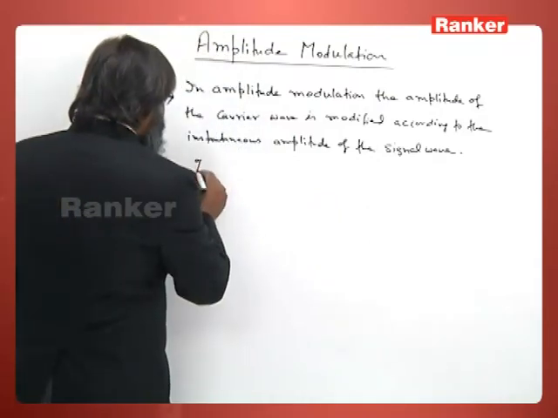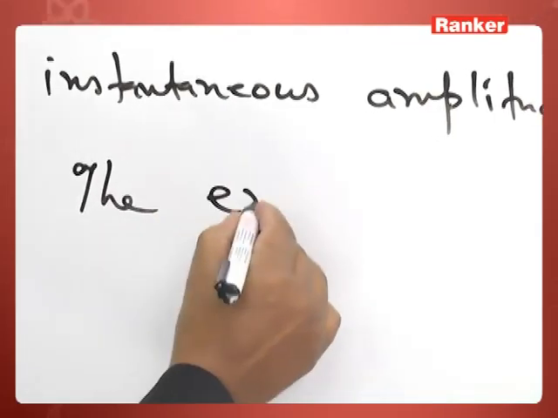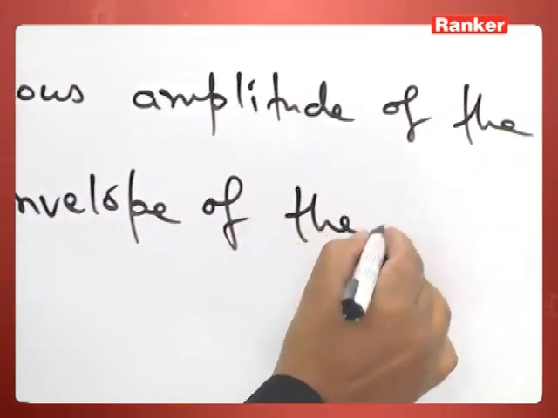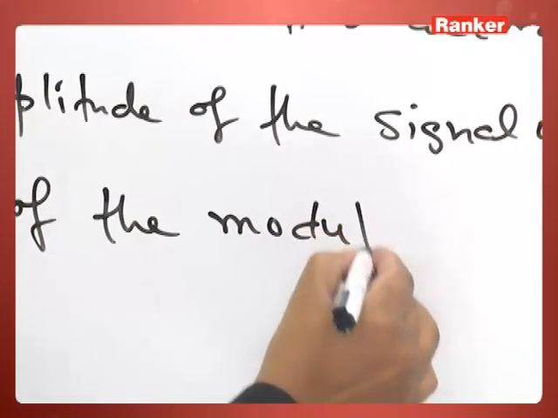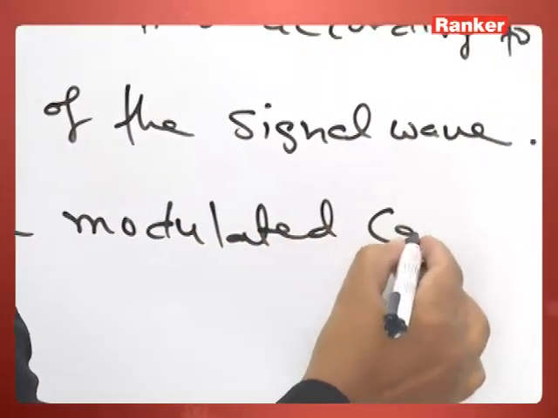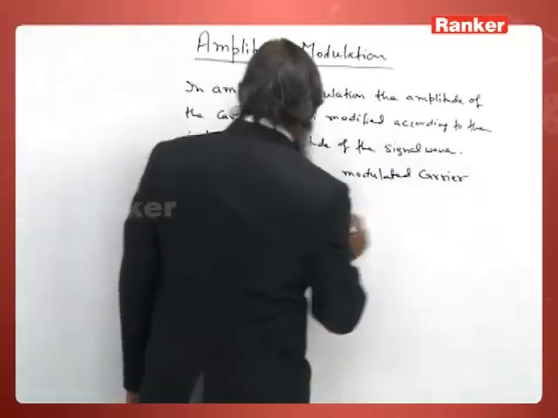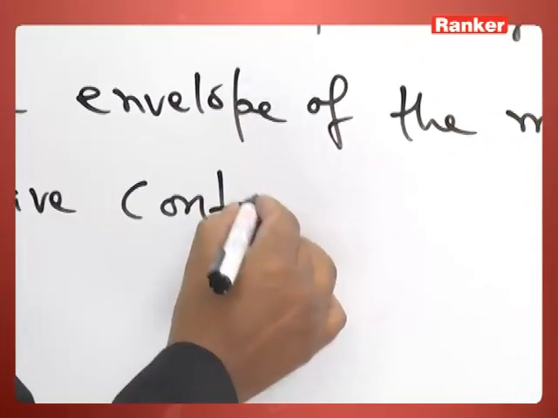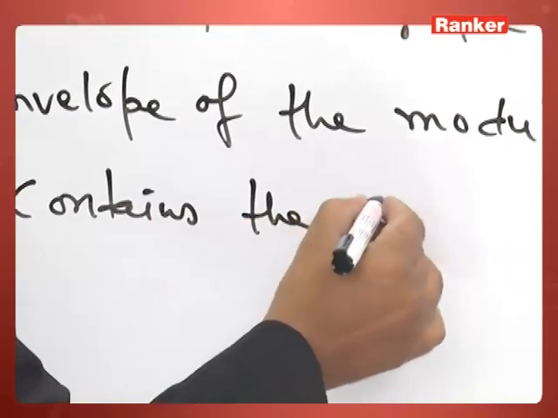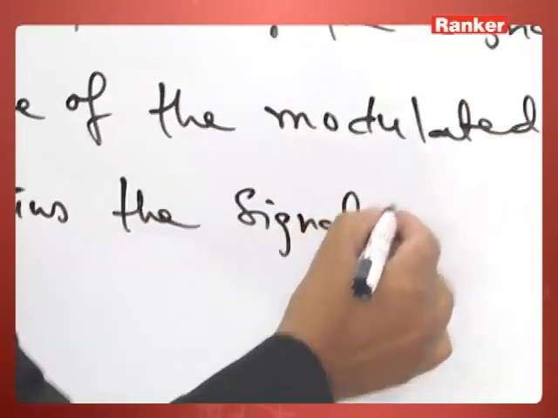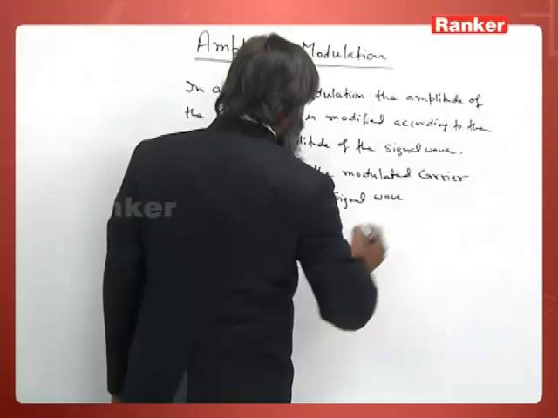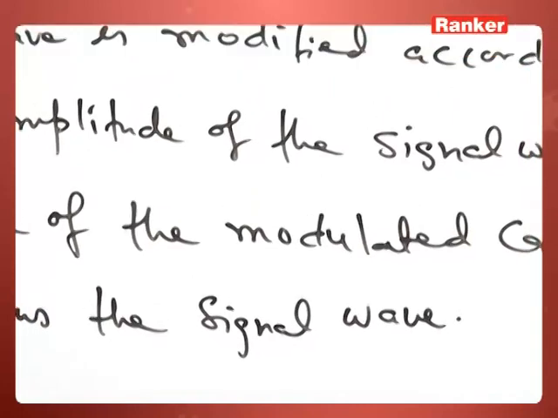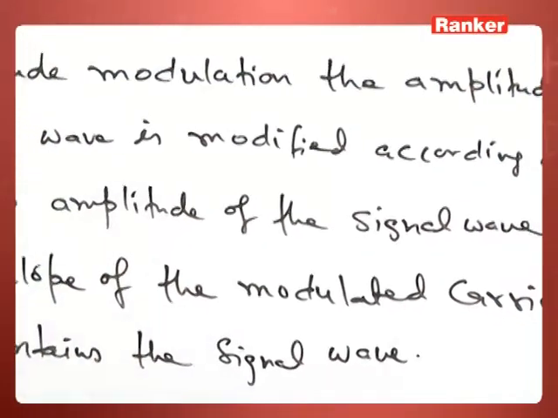The envelope of the modulated carrier wave contains the signal wave. This is what we do in amplitude modulation.